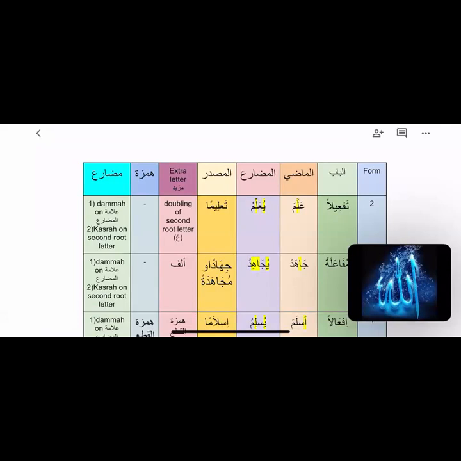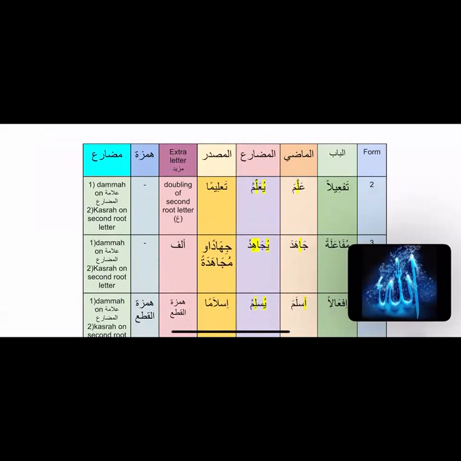Okay, so when you see allama, when you see jahada, when you see aslama, how many more letters are we seeing in these three families? 1, 2, 3. Because so far we have learned your as-salasi al-mazid can be mazid by 1, it can be al-mazid by 2, or it can be al-mazid by 3.